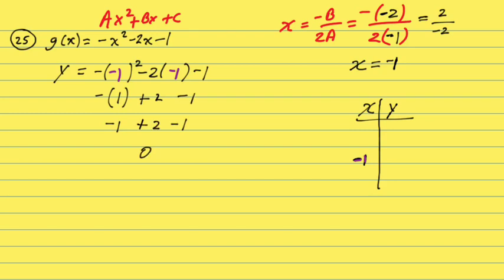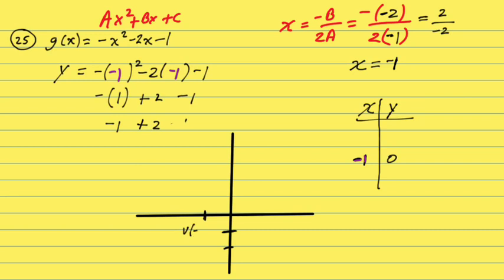That's 2 and -2. I think that would make your vertex at -1, 0. So I'm going to make my graph, and I'm going to put the vertex at -1, 0.